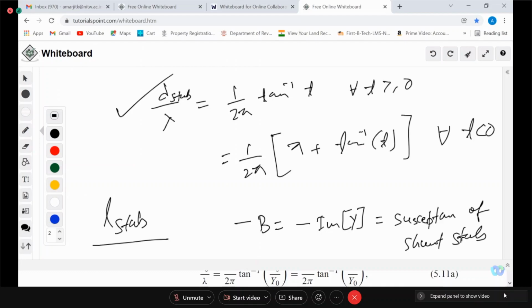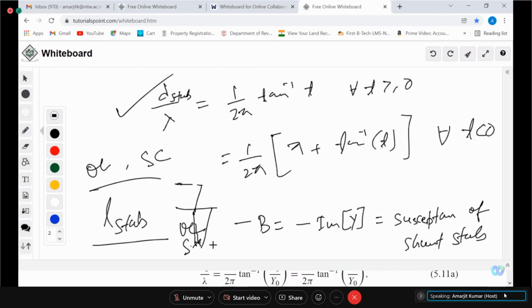So now you have chosen a shunt stub, that is very nice, but open circuited or short circuited, that is the question. It is a shunt stub, no doubt, but open circuited or short circuited, that is the question. That means at the end it is open circuited or it is shorted. This stub I am talking about.